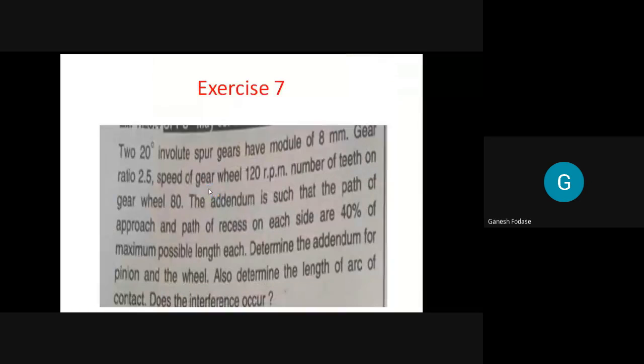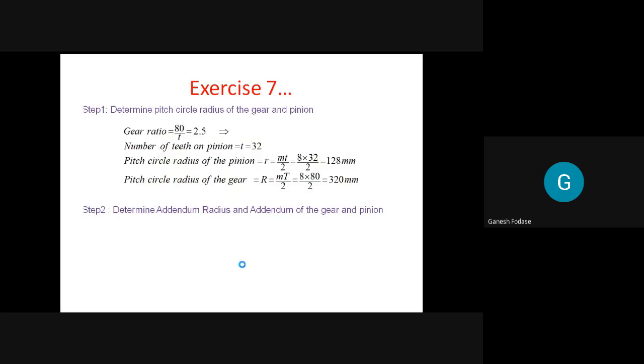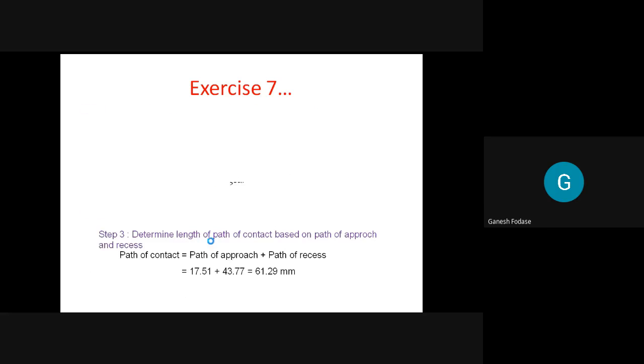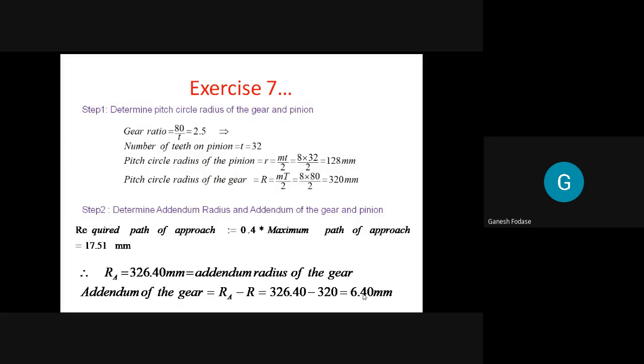So the third portion was numericals on the interference concept, and some numericals will ask whether interference will occur or not. So we need to check whether there is interference or not by using some conditions. So determine radius, then addendum, use the conditions which are given, and you can see here we determined the addendum radius is 6.4 mm.